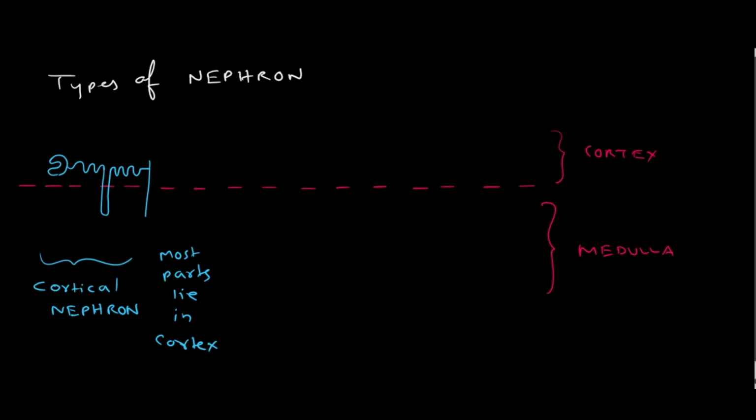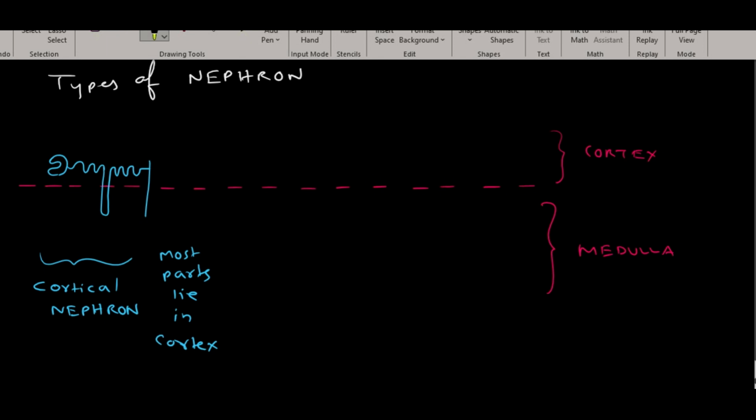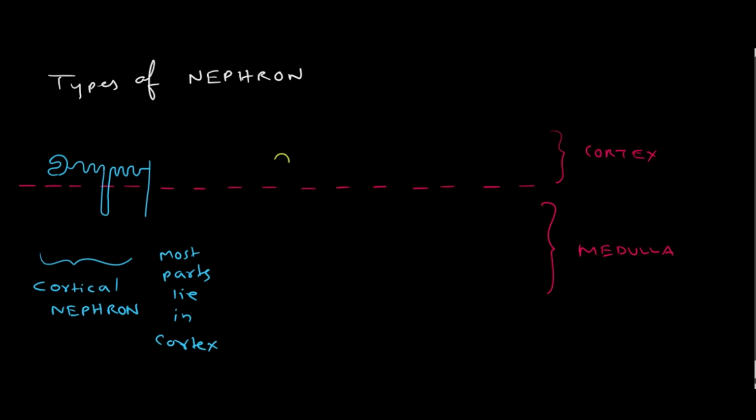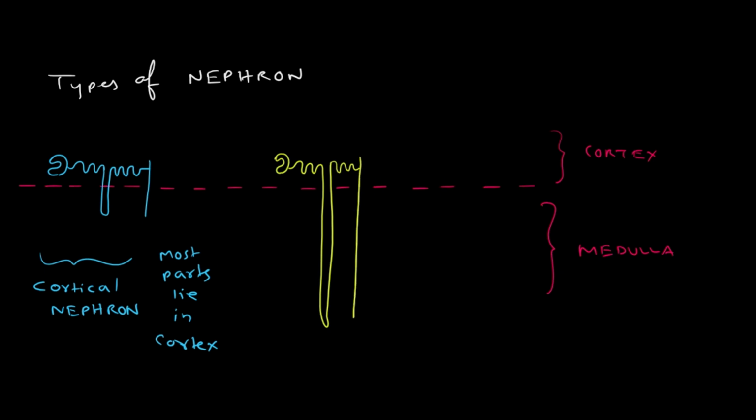Whereas if you see the other type of nephron, whose Bowman's capsule is also present in the cortex region, whose PCT is also present in the cortex region, but the loop of Henle runs deeper into the medulla, and the DCT and the collecting duct also run deeper into the medulla. So the major portion is present in the medullary region.